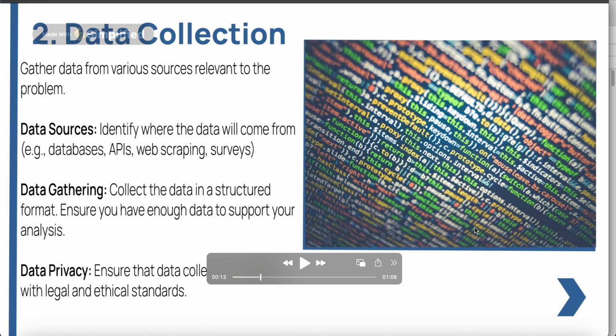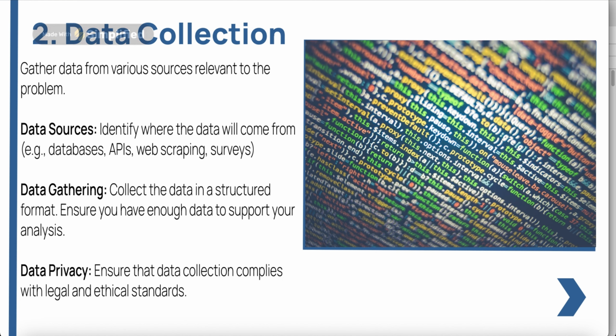So once setting the project goal is over, we'll move to the next step, which is data collection. Once you want to predict something, create a model, or answer questions, you need to collect data around it. The data source can be databases, APIs, surveys, and most of the time preferably integrated APIs, which we'll talk about later, so that you get cleaner data, though there is a process of cleaning the data as well.